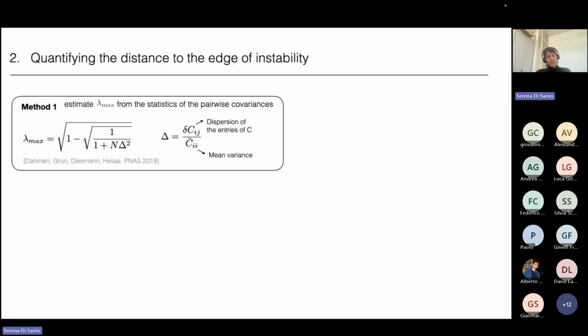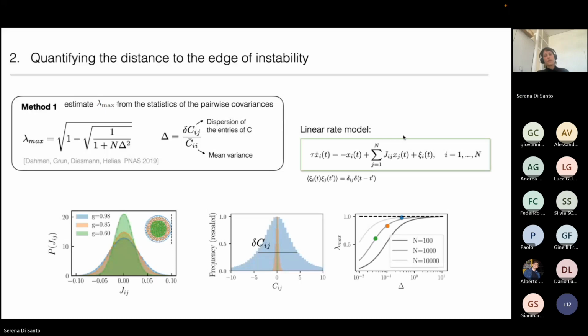By using this relationship and some other more complex framework from the physics of disordered systems, what Dahmen and colleagues were able to do was to find this very elegant relationship that connects the maximum eigenvalue of the connectivity matrix with the relative dispersion of the entries of the covariance matrix.